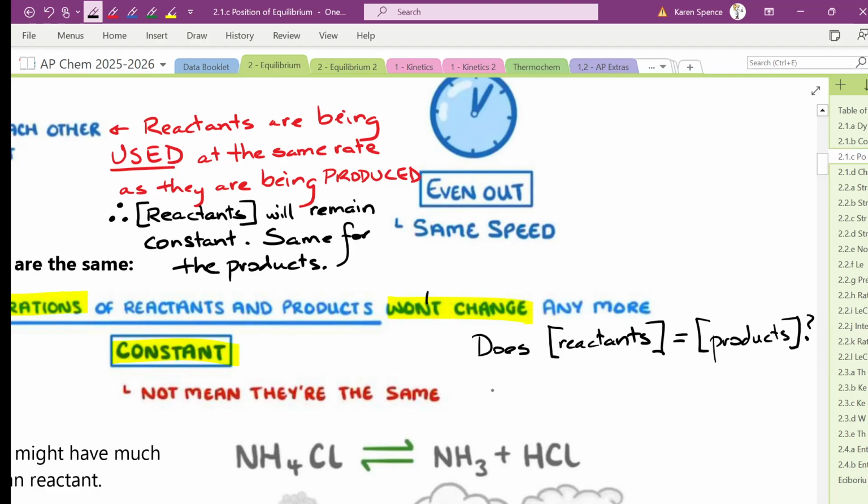No. Okay, concentration of reactants does not equal concentration of products. I'm going to get rid of that too. There we go. Any questions about that? We good? Okay.